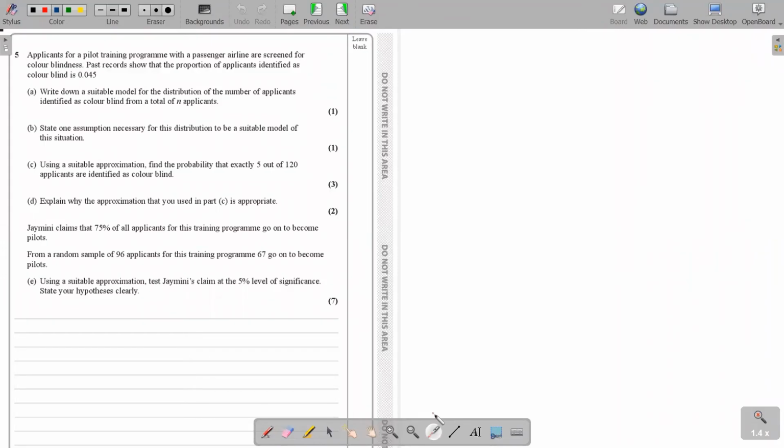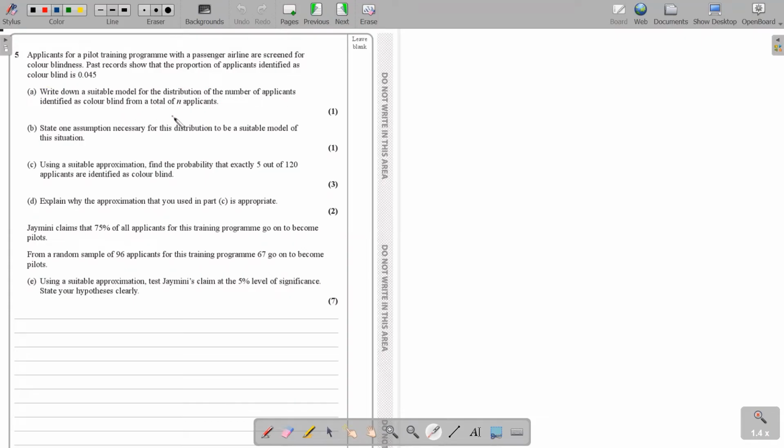Question number 5. Applicants for a pilot training program with a passenger airline are screened for color blindness. Past records show that the proportion of applicants identified as colorblind is 0.045. Write down a suitable model for the distribution of the number of applicants identified as colorblind from a total of n applicants. So what's the suitable model in this case?